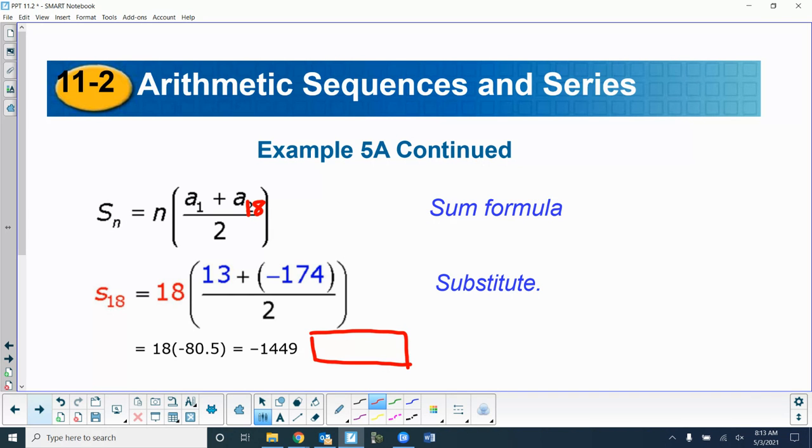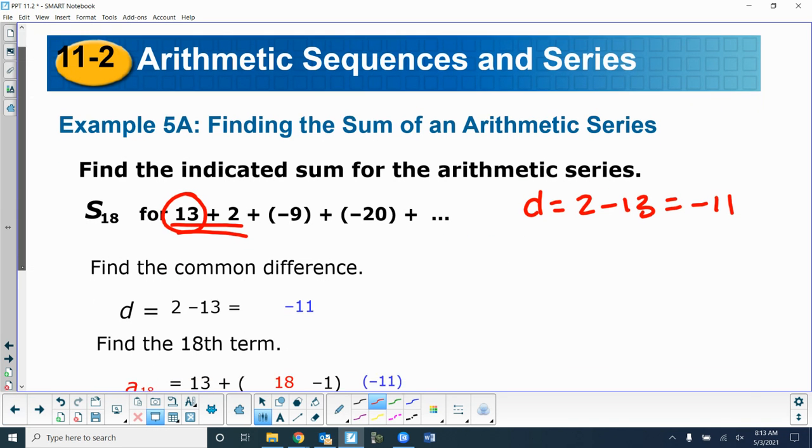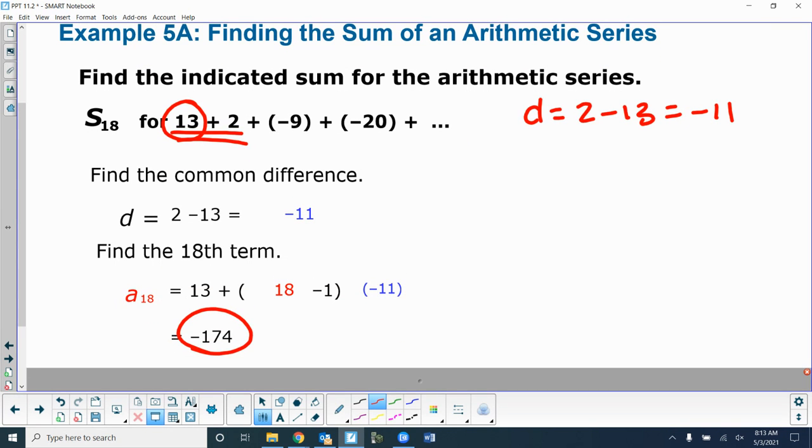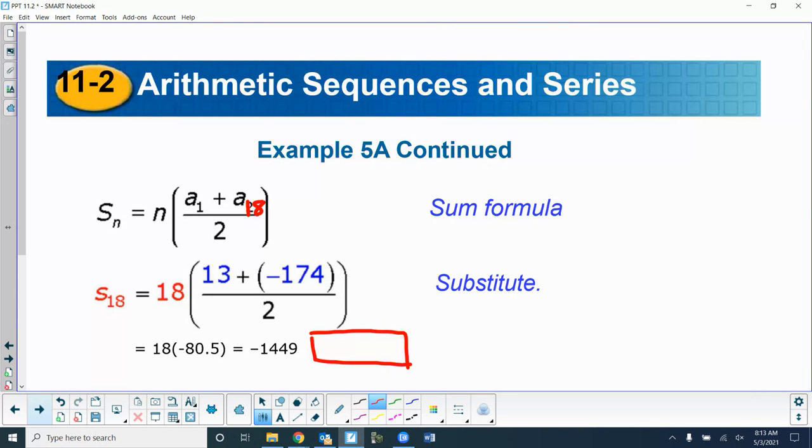And then 18 times that is negative 1,449. So the extra step is you got to find the 18th term here, and then plug it into the formula. First term plus last term, which in this case was the 18th, divided by 2, times the number of terms you were supposed to add. Again, just using a formula.